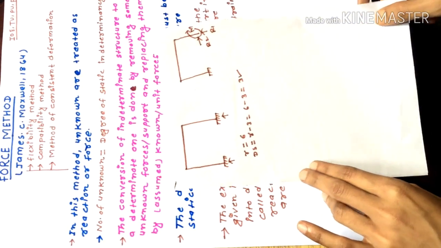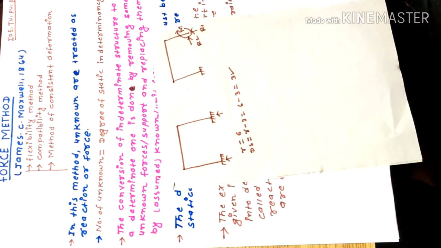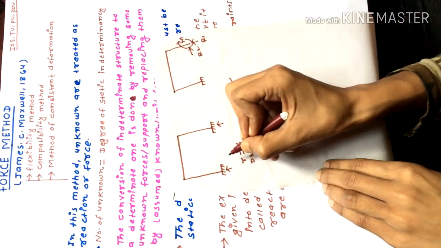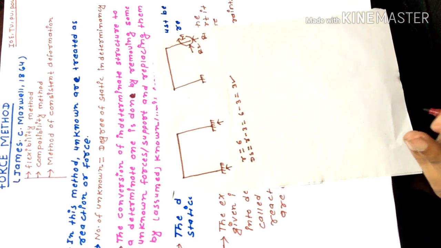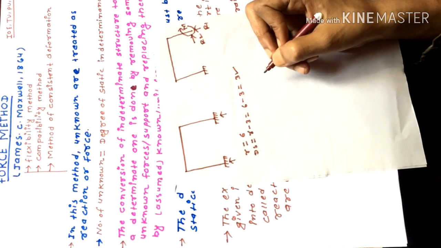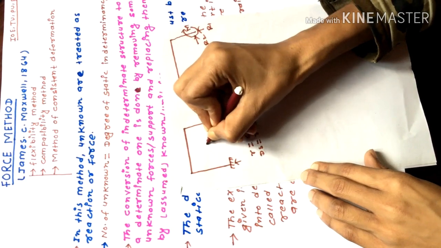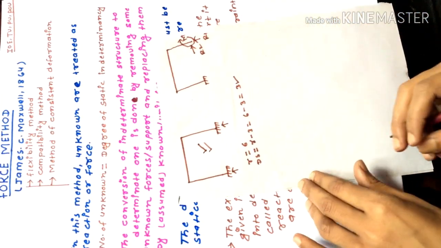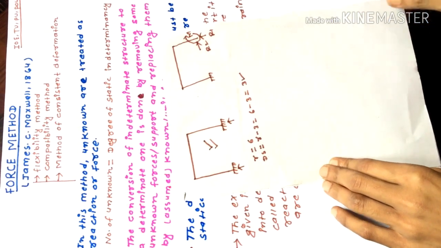So to analyze the indeterminate structure using the force method, remember that we must remove restrictions and change this structure into a determinate one by removing some unknown forces, to calculate the internal forces and reactions of the frame. So in this method, this is an indeterminate structure, and by placing unknowns, we convert it into a determinate one.